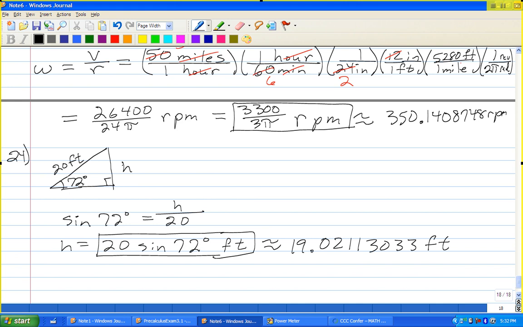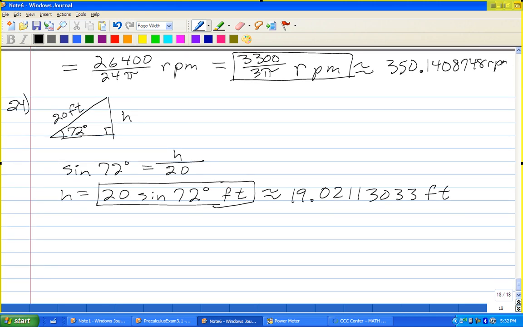Okay, let me do problem 25. A man lying on a beach flies a kite. So here's the kite up here.